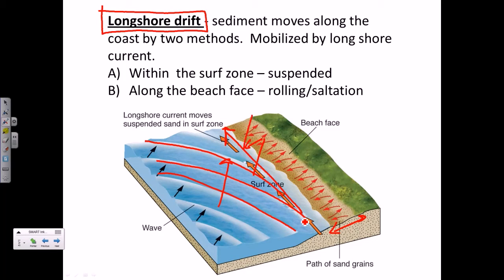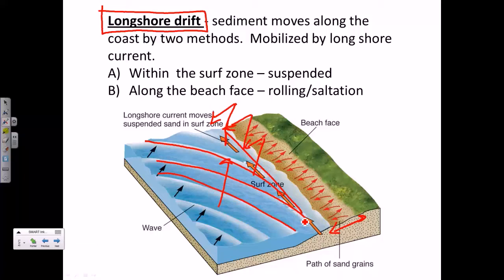And so it comes up at an angle and comes back straight, perpendicular to the shoreline, up at an angle and back perpendicular, over and over. This goes on and on, and what it has the effect of doing is washing sediments up and back, up and back, all along the shore.